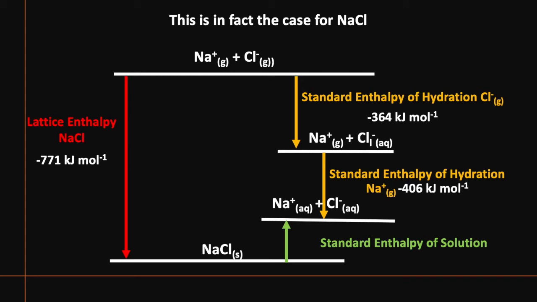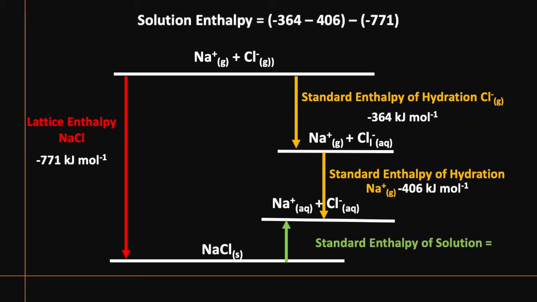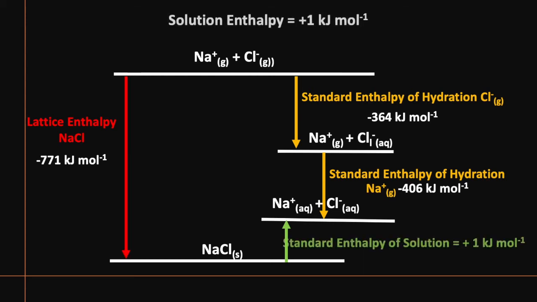If we look at the values we have there of lattice enthalpy and our standard enthalpies of hydration, our solution enthalpy is worked out by the hydration enthalpies minus our lattice enthalpy, and that comes to overall a difference of 1 kilojoule per mole, and that's a positive figure.